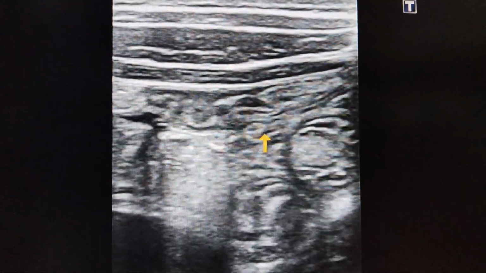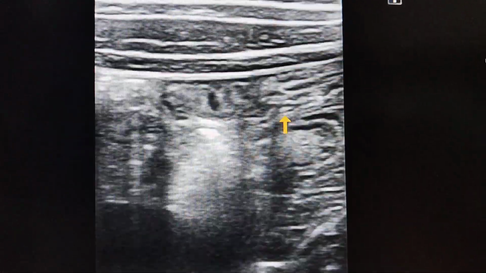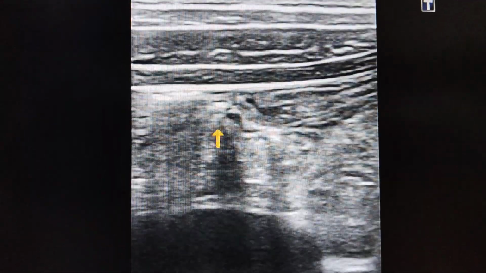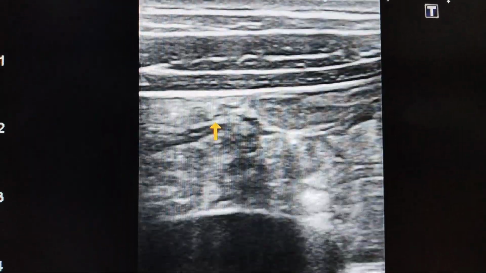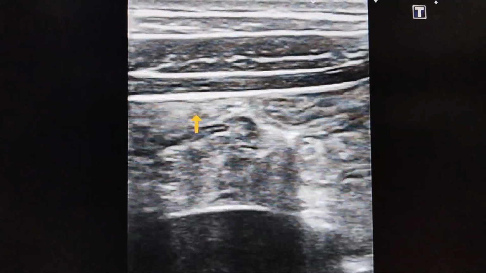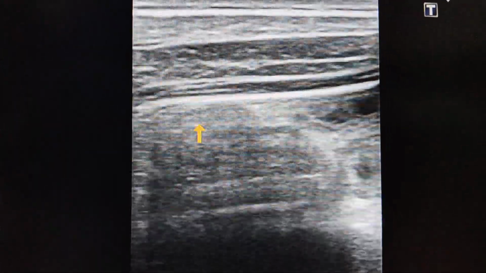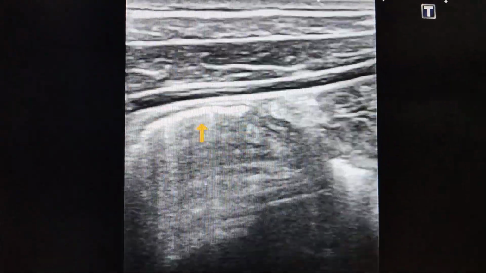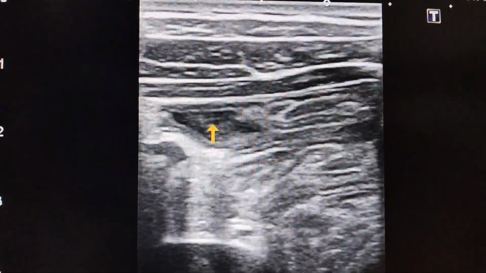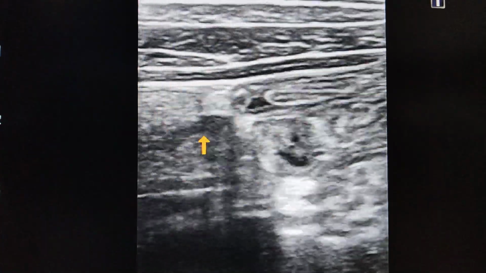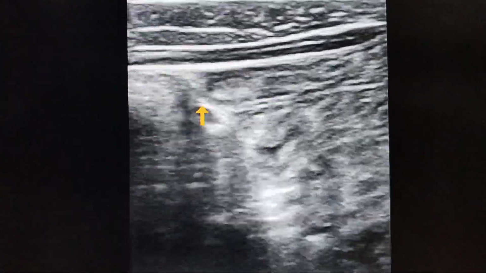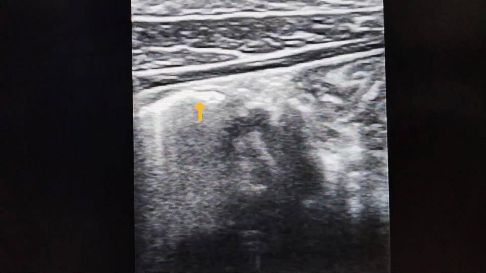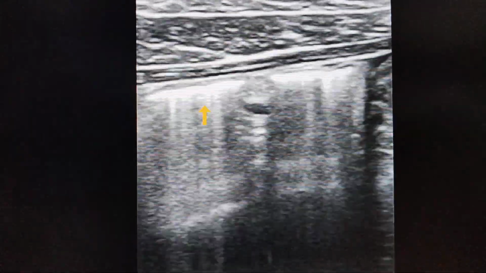Still, now this is the small bowel, while I have placed the probe now at the right paracolic gutter. Now gradually I am coming down. Now I have reached the right lower quadrant.